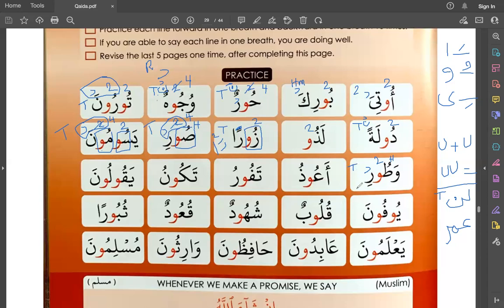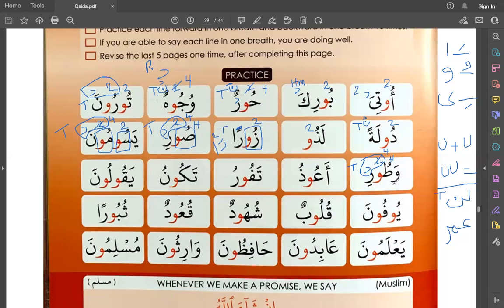Number one. Number two, this is a temporary sukoon, and the temporary sukoon is followed by a 2 counts long vowel. So this temporary sukoon will affect this 2 counts long vowel which is immediately before it and change it into a 4 counts long sound.